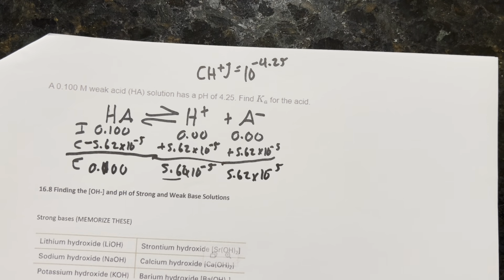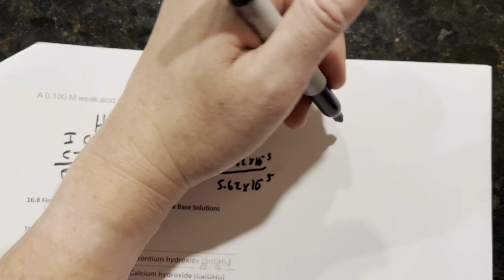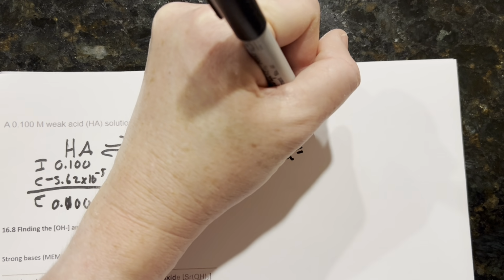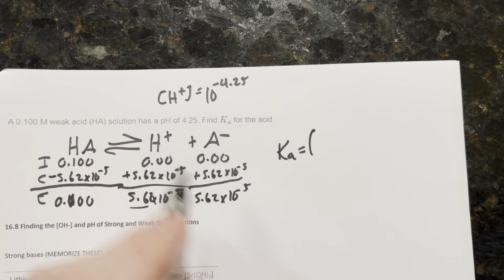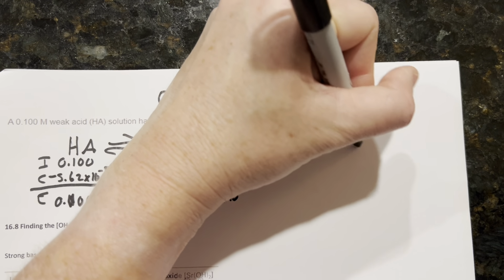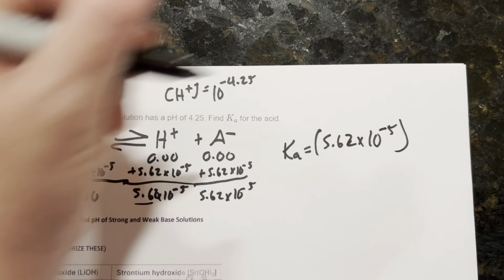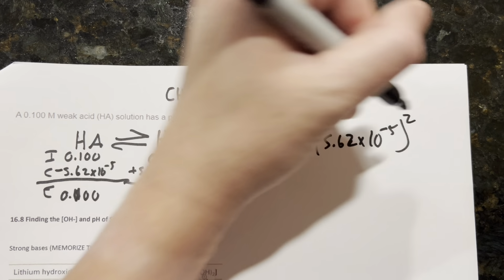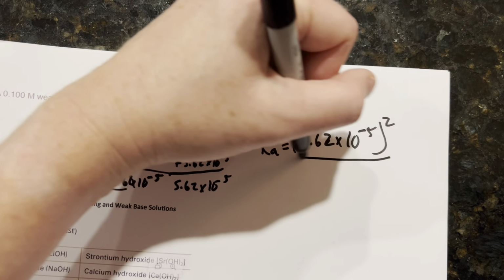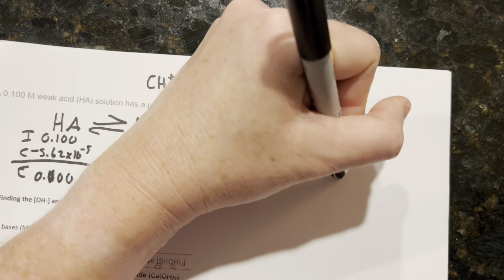So now when we're plugging in our Ka, it's our A minus times our H plus all over HA. In other words, 5.62 times 10 to the negative 5 times another 5.62 times 10 to the negative 5, so that squared, all over 0.100.